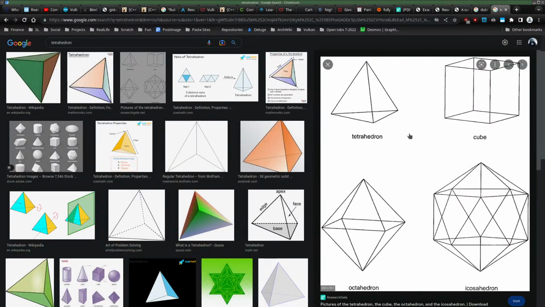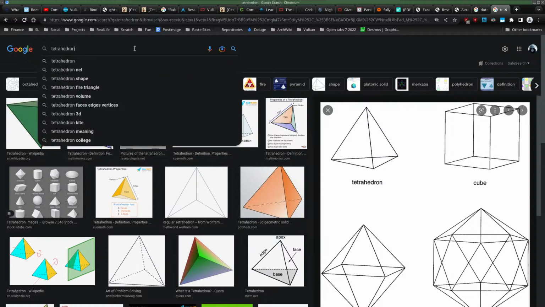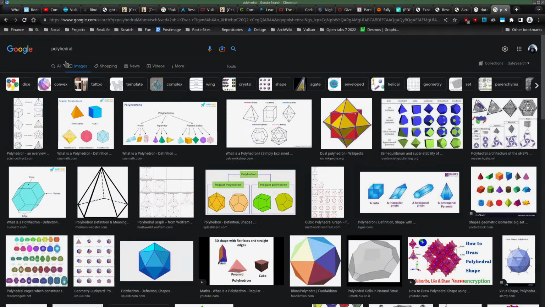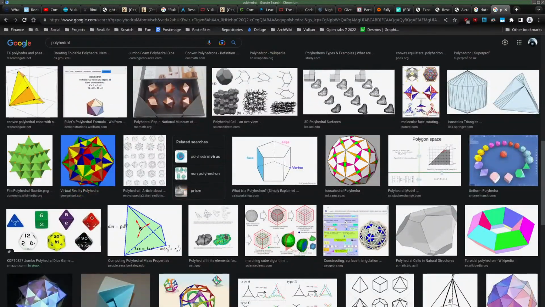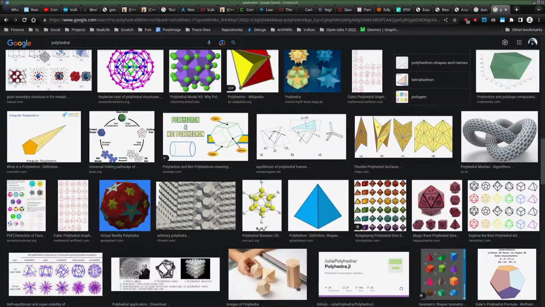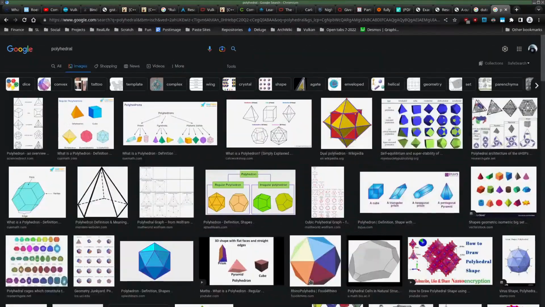Let's just look up polyhedral. So apparently polyhedral is not complete, but I don't think it means anything else than just visualizing the stuff in some kind of space.